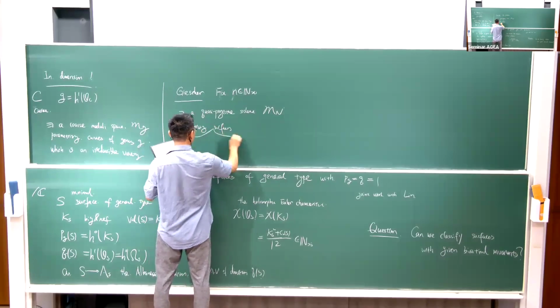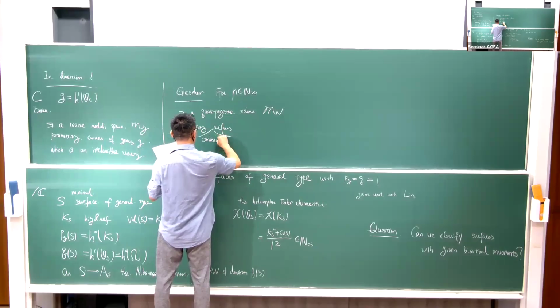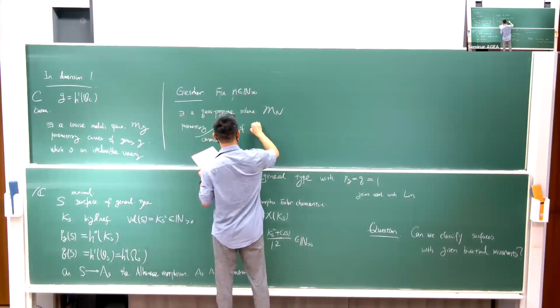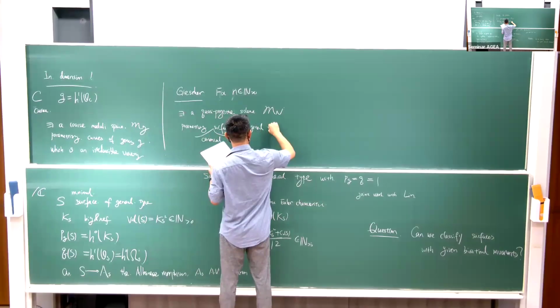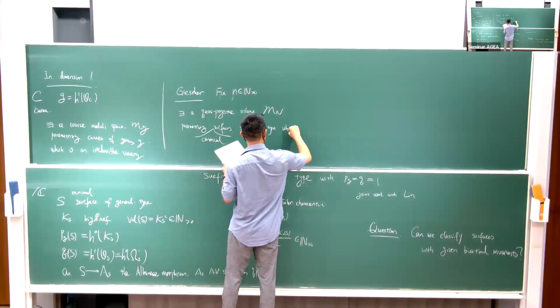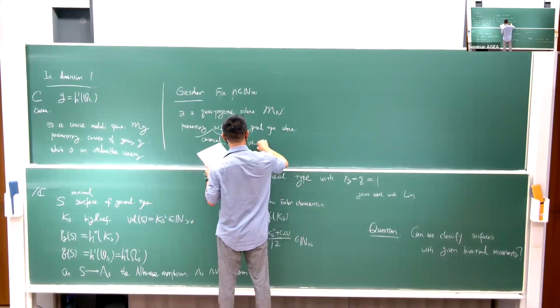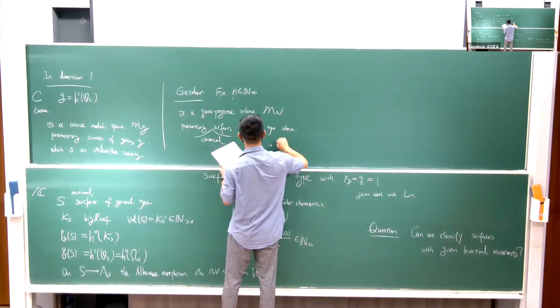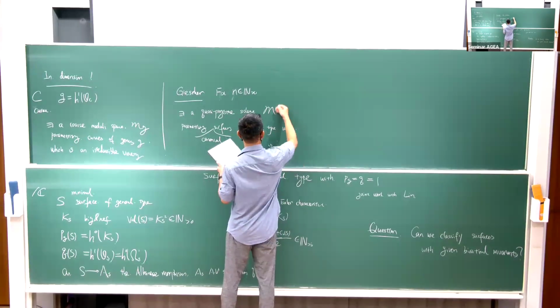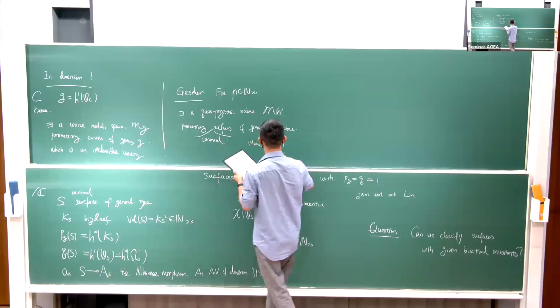So maybe I should put canonical surfaces of general type whose volume is n.